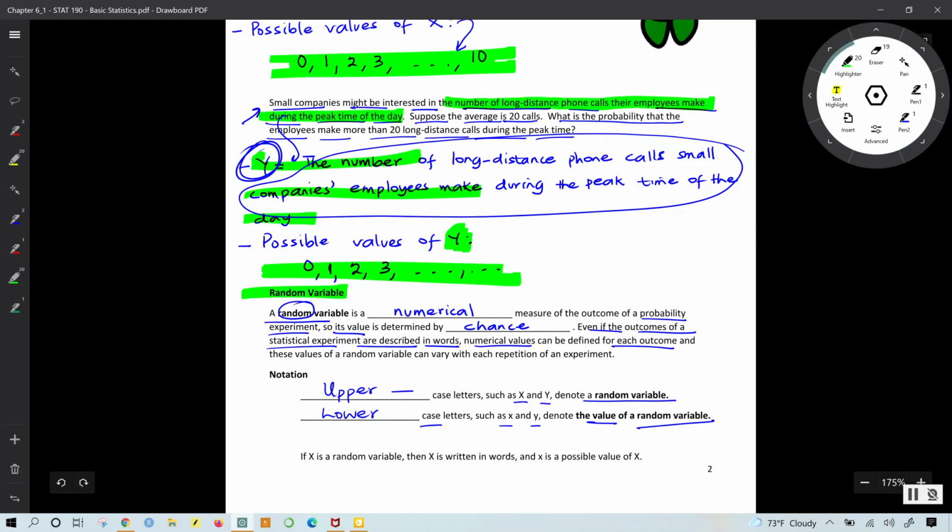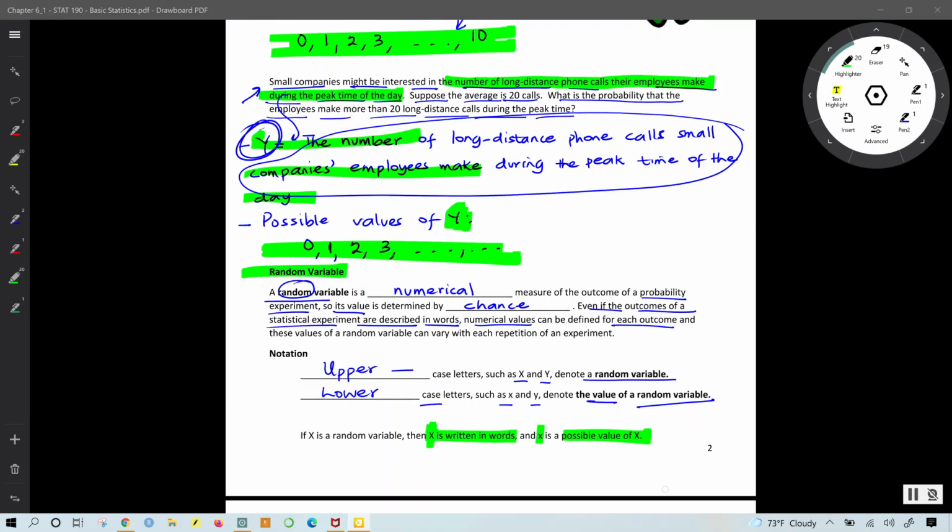So take note, this is the punchline. The random variable is written in words, whereas the lowercase of that letter that represents the random variable represents the possible value of that random variable.